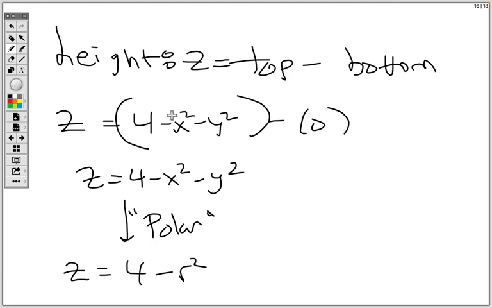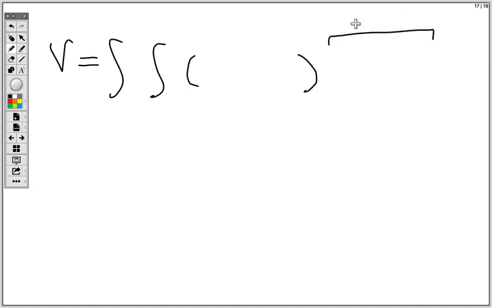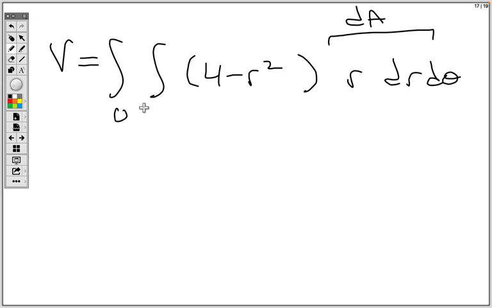But now we're good to go, because our volume is going to be a double integral. And remember, for the area differential for polar coordinates, it's not just the r d theta, but what? There's that extra factor of r. We've got 4 minus r squared. And the region as set up, theta goes 0 to 2 pi, r went from 0 to 2. There it is.